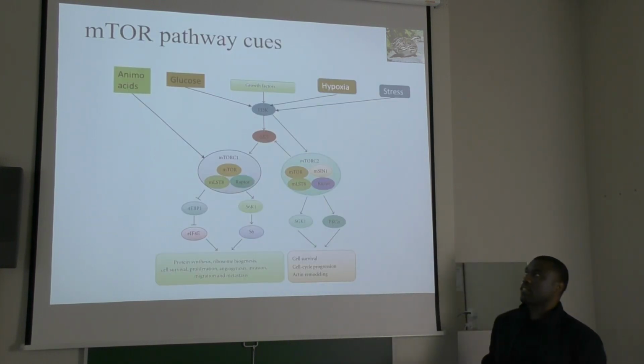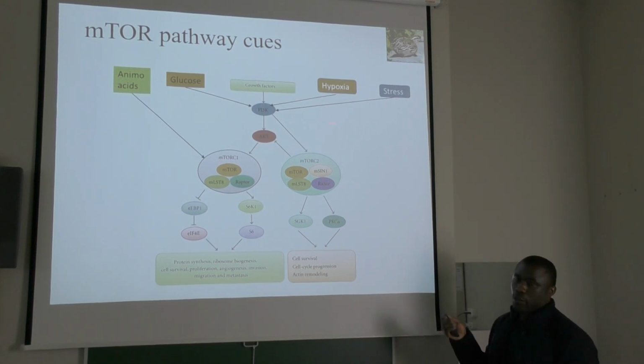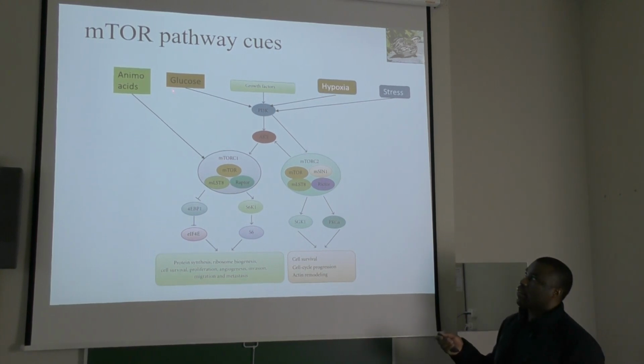But you can take this in a simple way: mTOR is composed of two components, which differ in the scaffolding proteins connected to them. They sense a lot of things apart from just nutrients, such as growth factors, hypoxia, that is oxygen, stress, and amino acids.